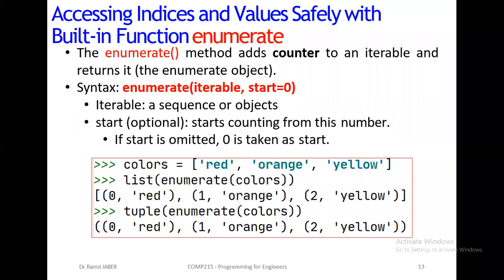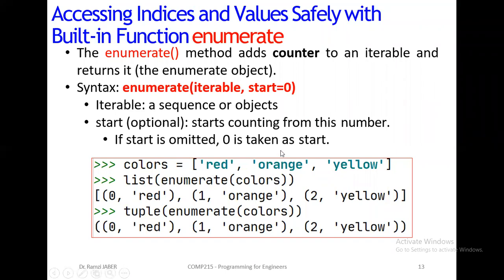Also, we can put it in one tuple. We can use the tuple function, the same. tuple(enumerate(colors)) will give the same output, but inside a tuple. Okay? Here, inside the list. So, enumerate(colors), the output will be inside the list, each one a tuple.